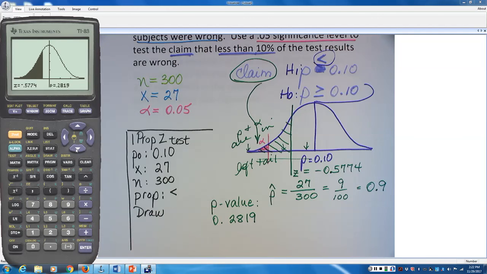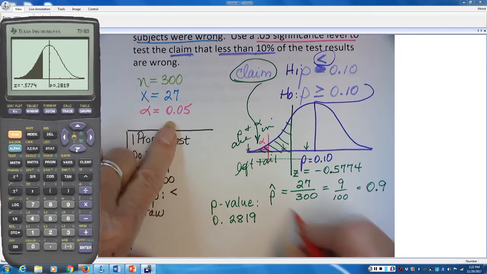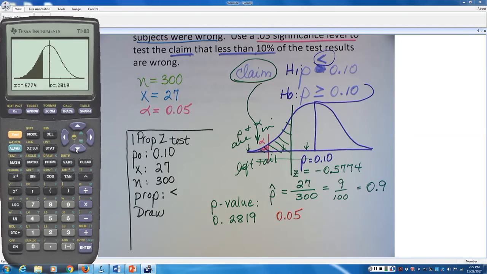So if you compare that p-value to the value of alpha, which was 0.05, what you see is that 0.28 is way bigger than 0.05.